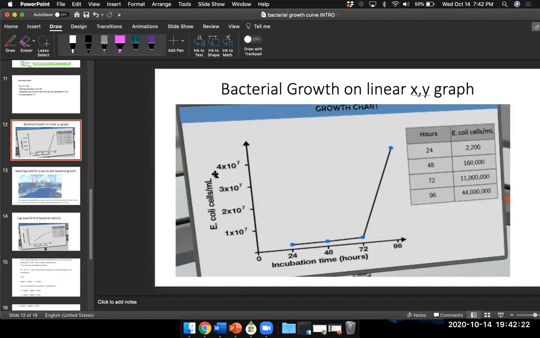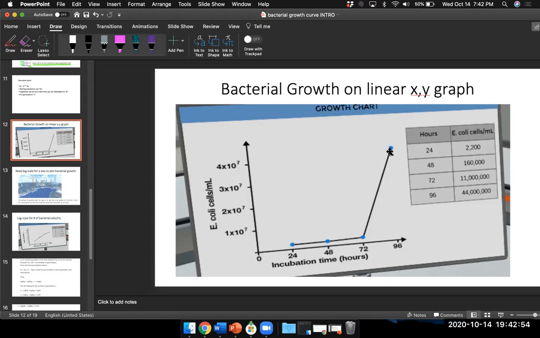I mentioned how we don't plot using actual numbers because they double every time. Your numbers get so huge that you can't even fit it on your plot. Like, first of all, from 24 to 72 hours looks like nothing happened, even though a huge amount of growth happened. And then it looks like they really took off, even though it's actually been the same rate that whole time.